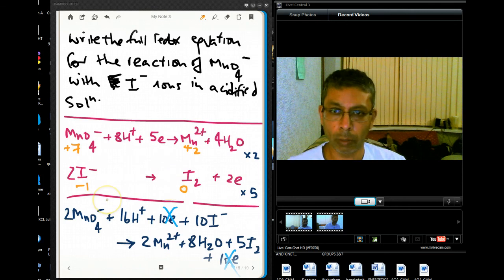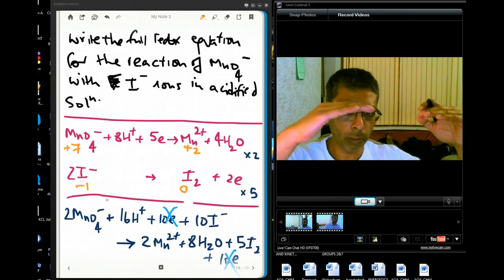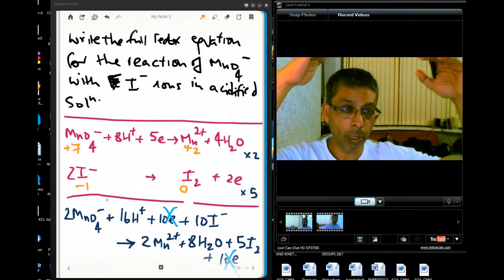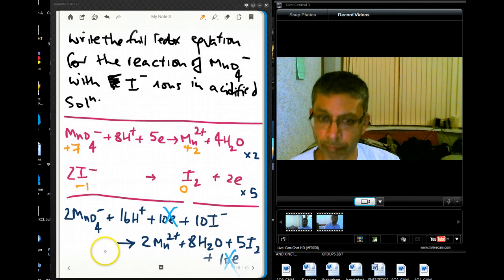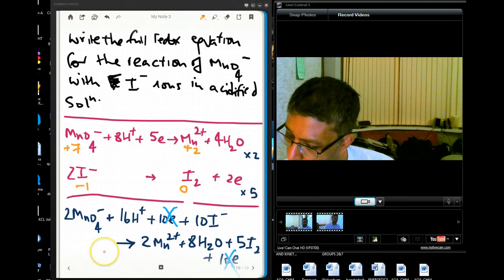Okay, so -1 to 0. It's gone up, that's oxidized. So we've got reduction here and oxidation occurring here. So reduction, oxidation, redox as your final full equation. Okay, and I think that's it. That's that one there.